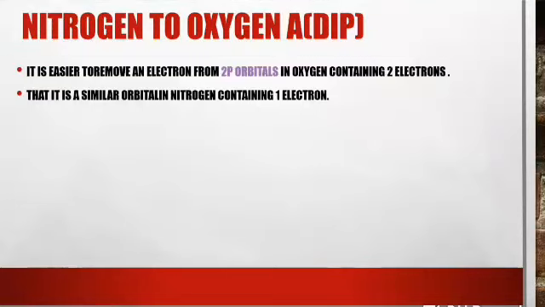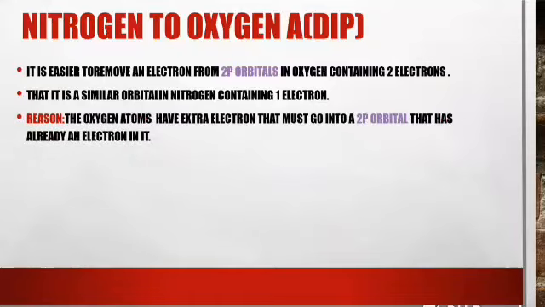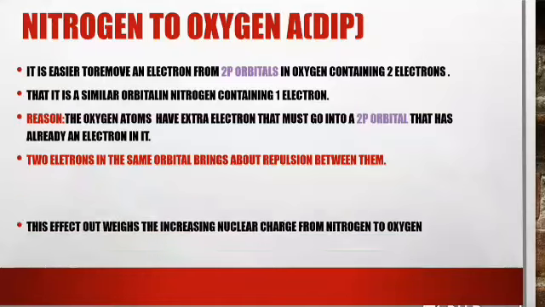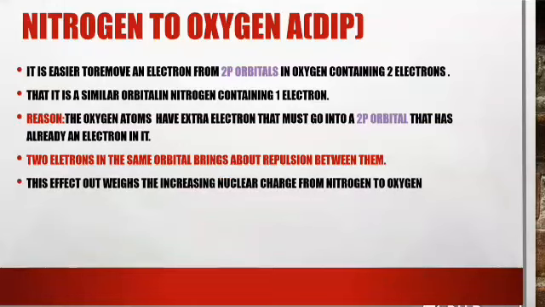With an increase in the number of electrons, ionization energy decreases. Now, the oxygen atom has an extra electron that must go into a p orbital that already has an electron in it. Two electrons in the same orbital bring about repulsion between them.